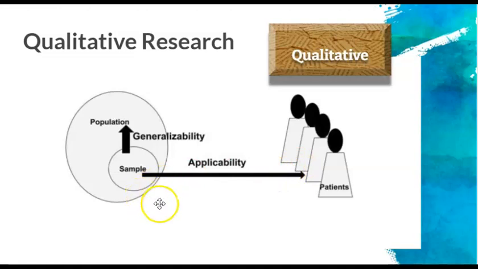That's why a researcher is going to use rich description, so that as maybe I'm one of those patients, or I have a loved one who's one of those patients and I want to apply what I'm reading to them, I can say, oh, this is like me or this is like my mother. So that's why we can apply it to other situations, but we're not going to use the word generalize.